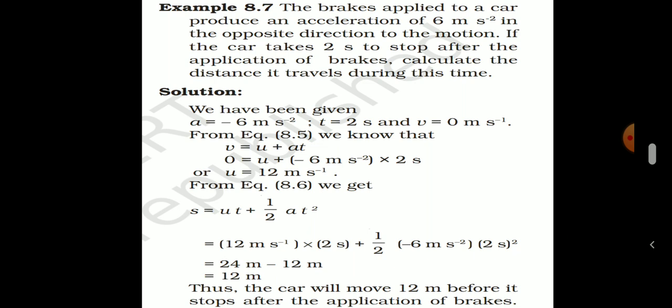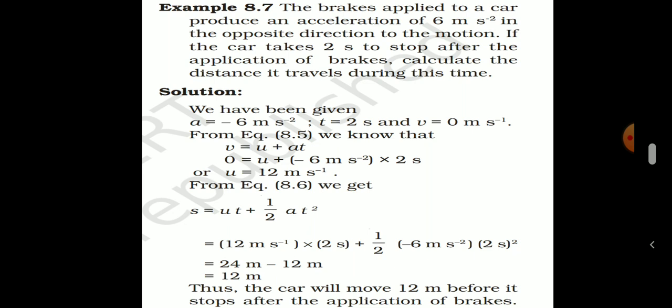So if you read this example carefully, the brakes are applied to produce an acceleration of 6 meter per second square in the opposite direction to the motion. That means it is a negative acceleration. Therefore, a is equal to minus 6 meter per second square.